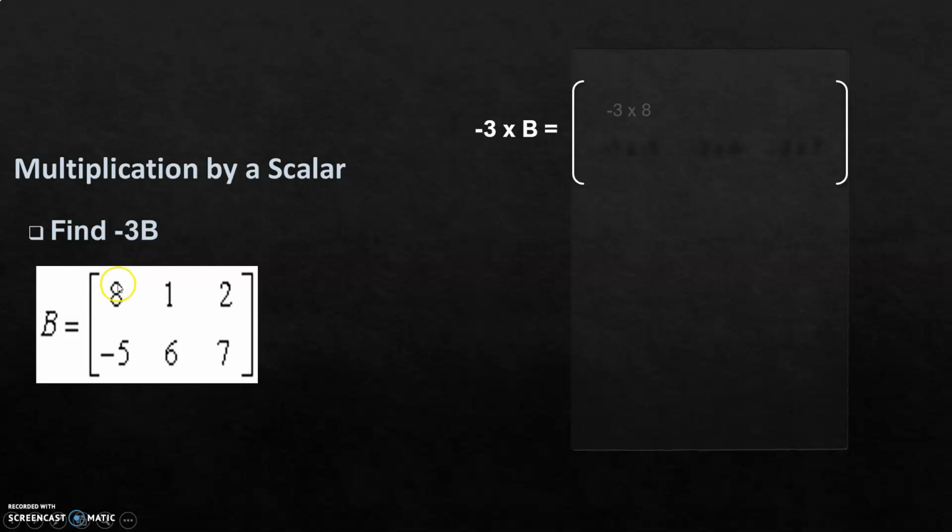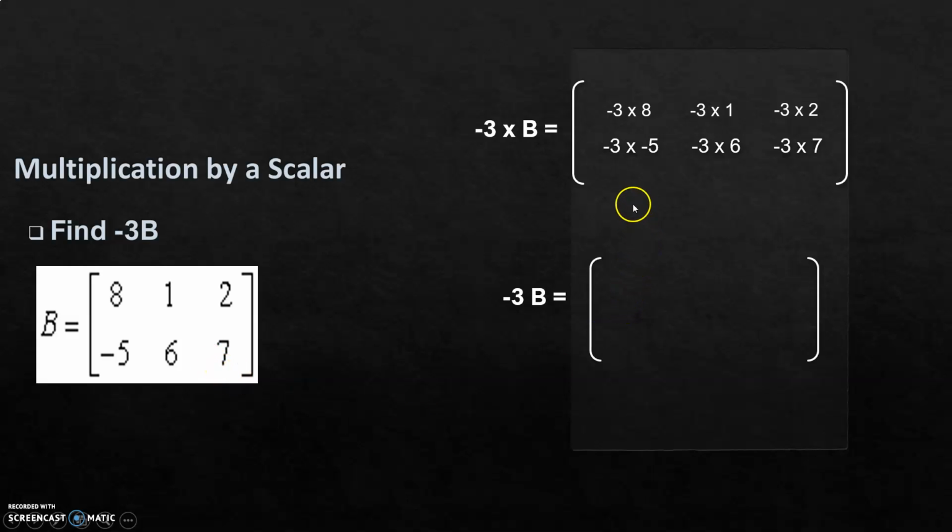So minus 3 into 8, minus 3 into 1, minus 3 into 2, minus 3 into minus 5, minus 3 into 6, minus 3 into 7. The answer will be minus 24, minus 3, minus 6, 15, minus 18, minus 21.